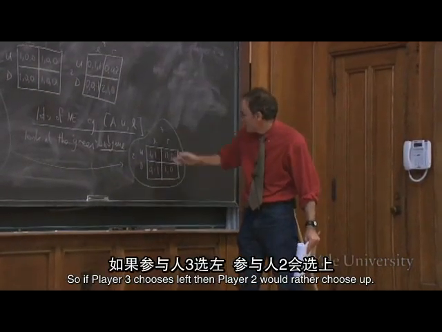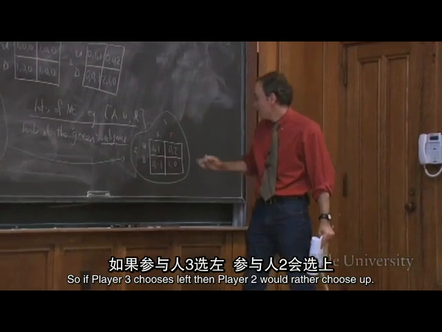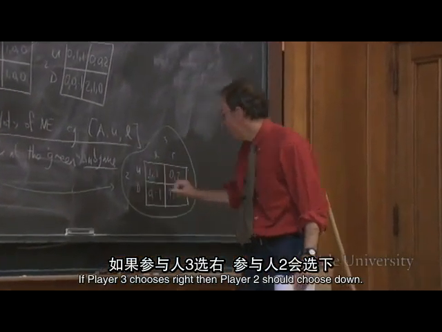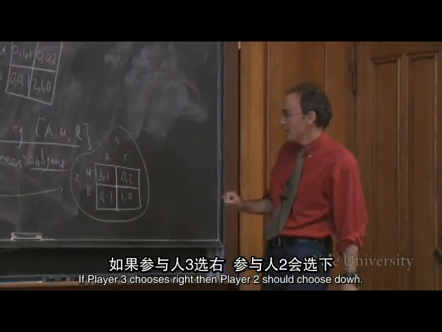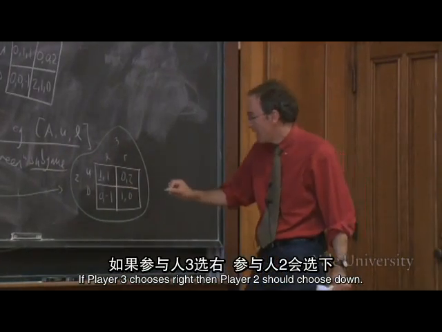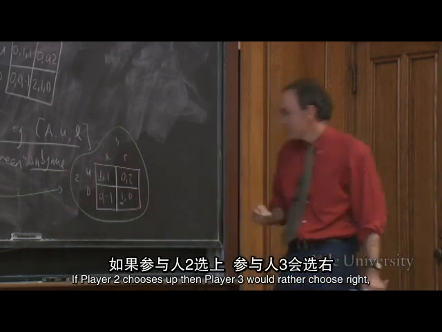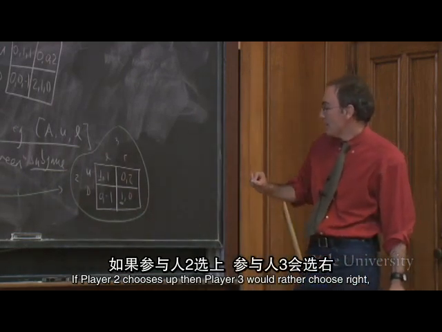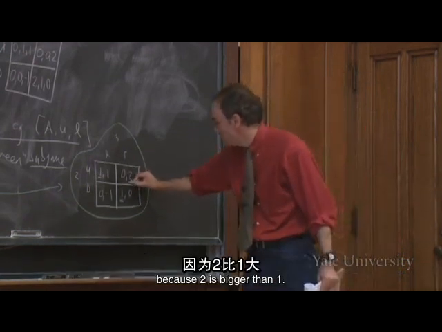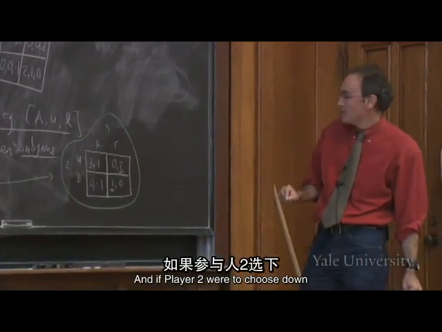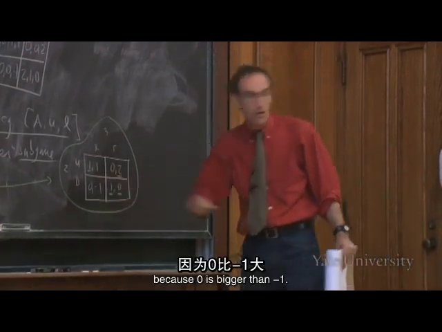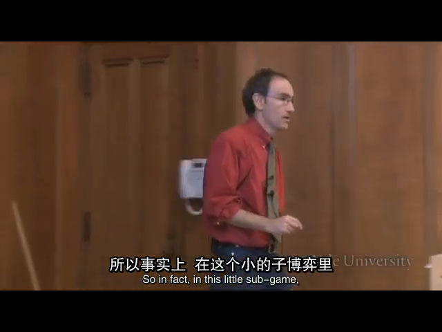So if player 3 chooses left, then player 2 would rather choose up. If player 3 chooses right, then player 2 should choose down. If player 2 chooses up, then player 3 would rather choose right, because 2 is bigger than 1. And if player 2 were to choose down, then player 3 would choose right again, because 0 is bigger than minus 1.